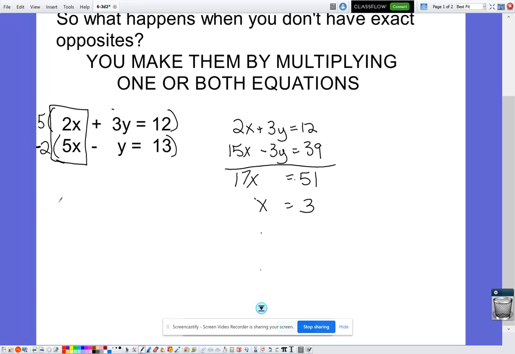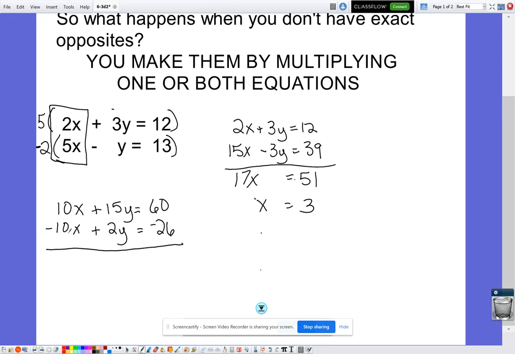So when I multiply by 5 in that top equation, I get 10x plus 15y equals 60. And in the bottom equation, I get negative 10x plus 2y equals a negative 26. So I multiplied the top equation by 5, the bottom equation by negative 2 to get these two equations.